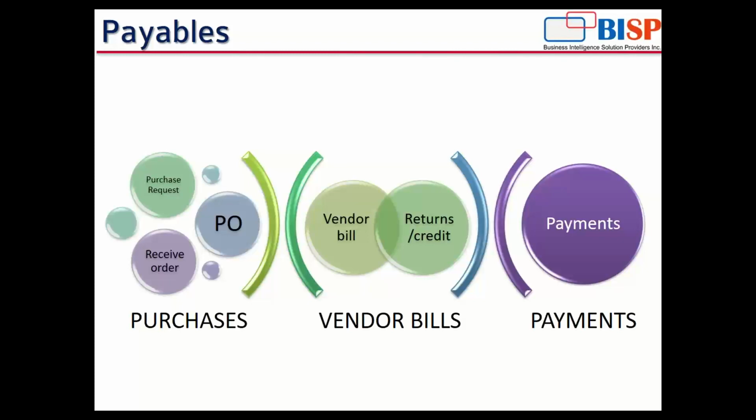The items are not of the quality that I had requested, or there may be various reasons due to which I am going to put up a return. So the employee is going to put up a return. This whole payables part works on a workflow basis.